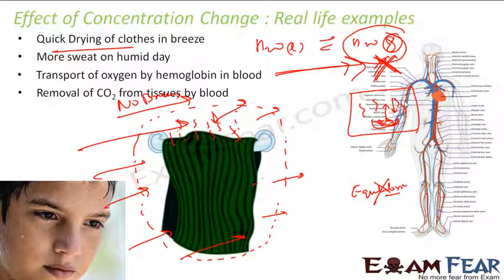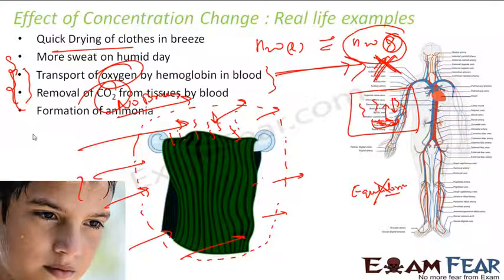Also, the removal of carbon dioxide from the tissue by the blood is done based on equilibrium. We will not be touching more on this because we need more bio concepts here. But just understand that our body itself runs on equilibrium, whether it is sweating, transport of oxygen, or transport of carbon dioxide, everywhere equilibrium plays a vital role.